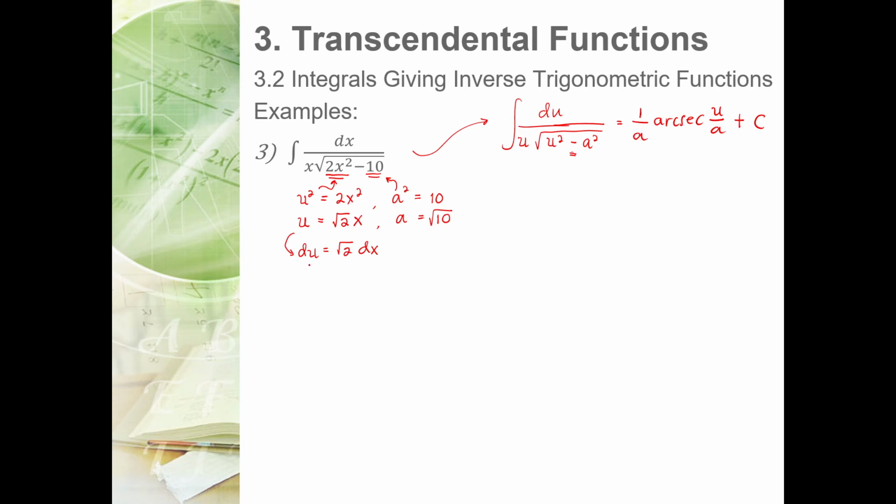Then isolating your square root of 2 to determine dx, du all over square root of 2 is equal to dx. So this one is your dx. Notice that what's left for us to substitute is the x variable only.